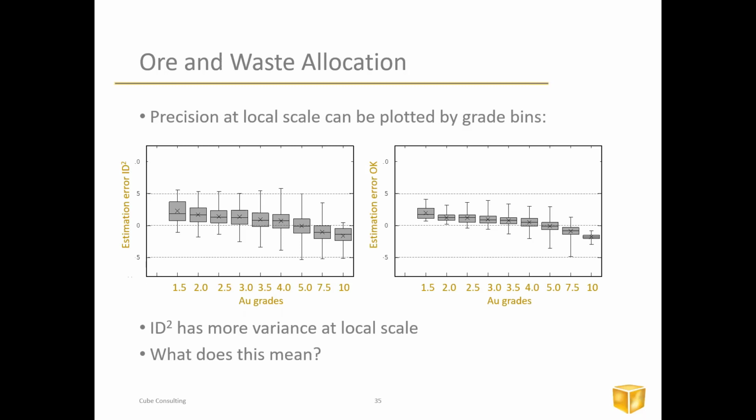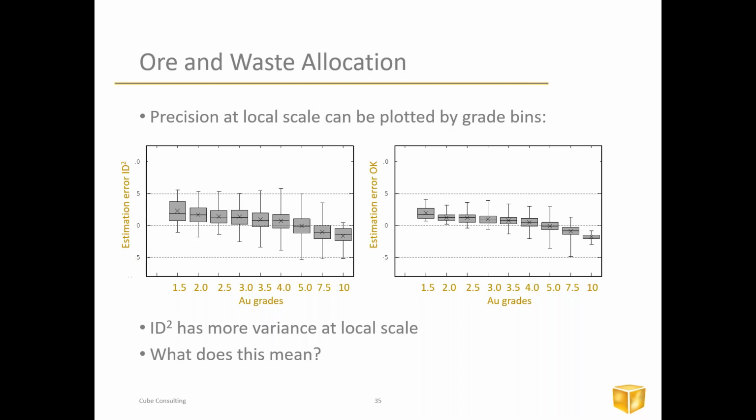A way to look at it is to plot the estimation error, so that's the true grade minus the estimated grade, by grade bins. Because I want to see if the estimation error is bigger on low grade or on higher grade. And I'm going to do it for both the ID square and the ordinary Kriging. It's not an easy graph to look at, but two things you can see.